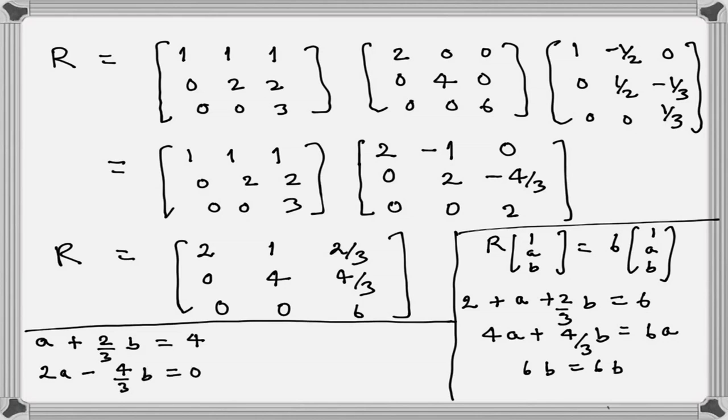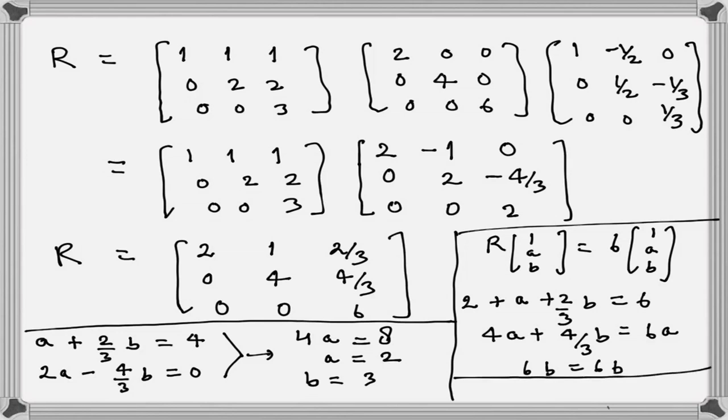If you solve these equations, this gives 4a equals 8, so a is 2, and 4/3 b equals 4, so b is 3. I'll complete it here itself. This implies a plus b equals 2 plus 3 equals 5. So this is what we wanted to show.